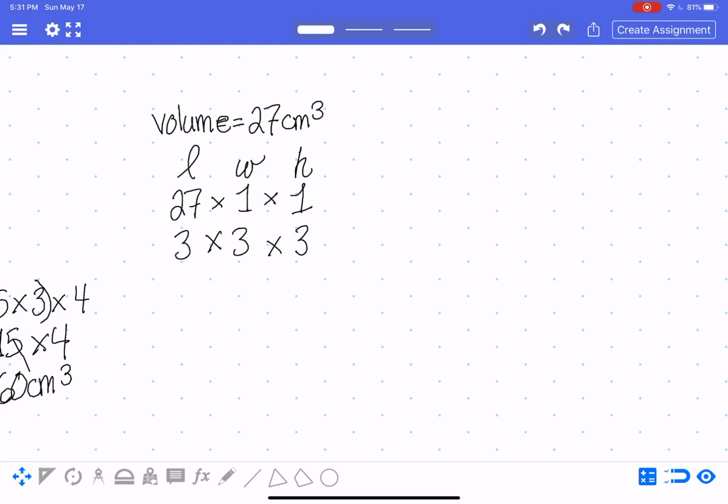You can also draw these out. Now, I'm not going to draw 27 times 1, because then it'll be larger than a screen. I have to move it up and down. But I could draw this one, the 3 times 3 times 3.